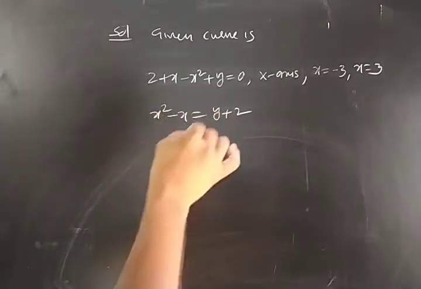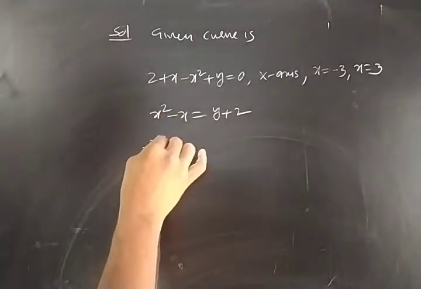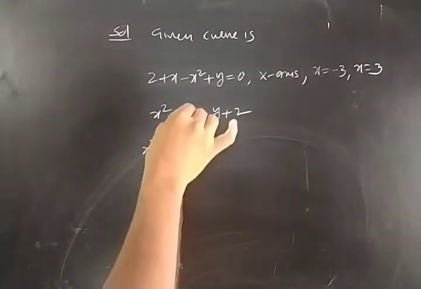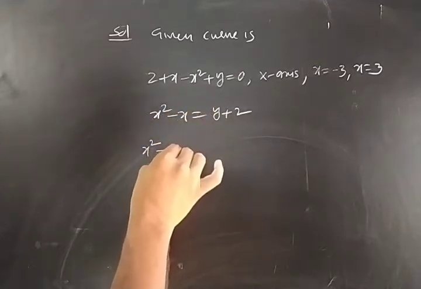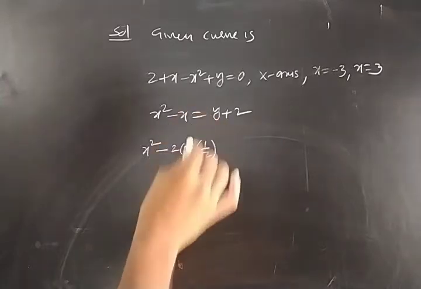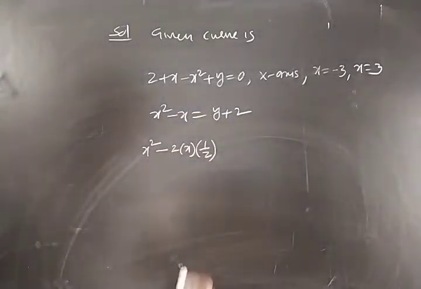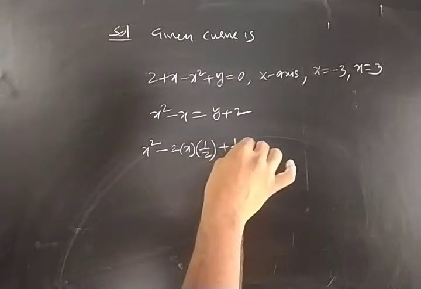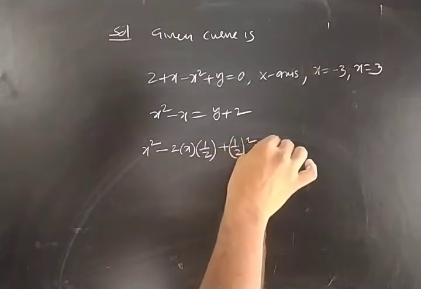So I am using completing square method. X square, so I am making this as 2ab. So 2 into a into b is, I am taking as 1 by 2. If you simplify, again you will get the previous term. So here I am adding 1 by 2 whole square on both sides.